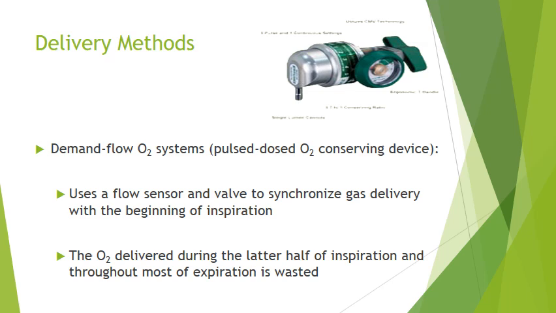So as they breathe in, similar to when a patient is on the ventilator with assist control, the vent senses that they want a breath and then gives it to them. Same thing with the pulse dose. When the sensor detects the person breathing in, it gives them the oxygen. Therefore, there's no wasted oxygen like there is with the continuous O2 nasal cannula.